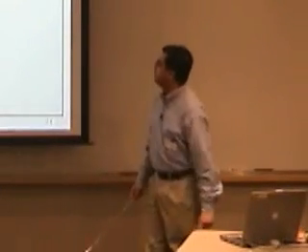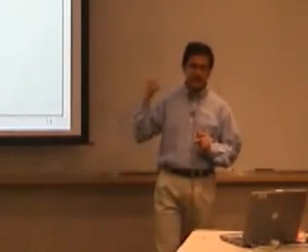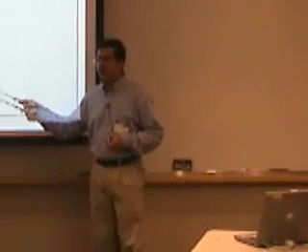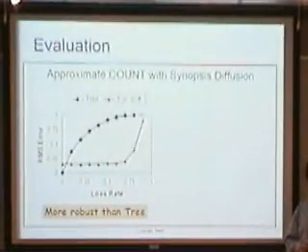Okay, so here are some results that we had using a synopsis diffusion algorithm and the traditional tree-based count algorithm. The count algorithm used on tree is the exact algorithm. It doesn't have any approximation error, but the synopsis diffusion algorithm has the approximation error that I mentioned before. The x-axis shows the loss rate, and the y-axis shows the root mean square error.